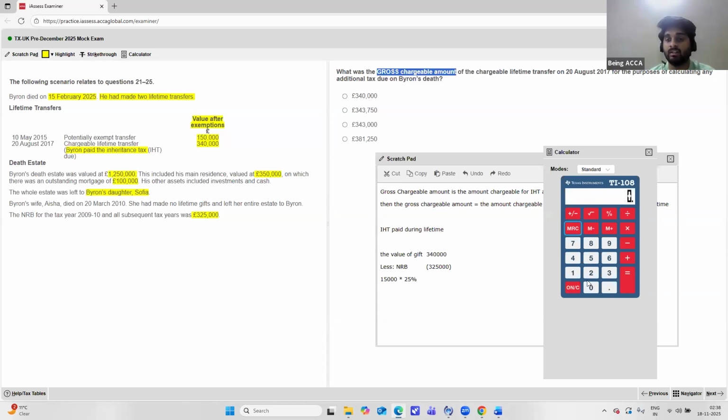So this would be 15,000 into 25%, giving a total of 3,750. That means the gross chargeable amount is equal to 340,000 plus 3,750.